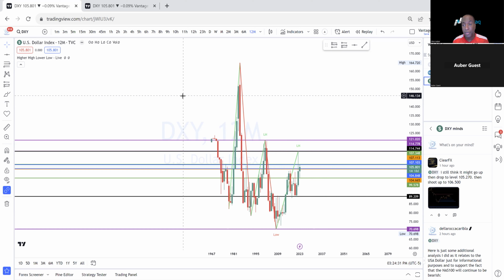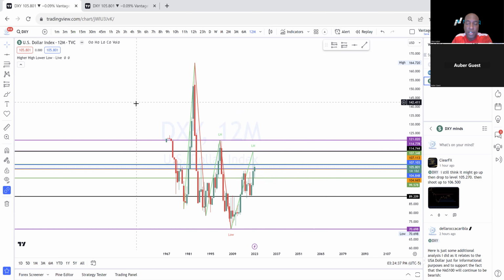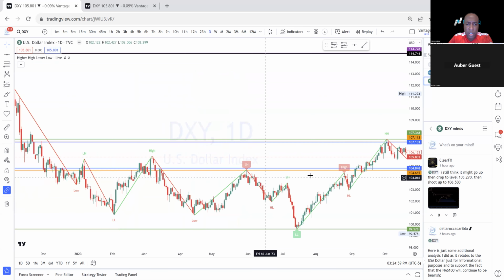And I found something very interesting because when I looked at the 12-month chart on the dollar, I found that on March 16, the US dollar actually made its lowest point in history.